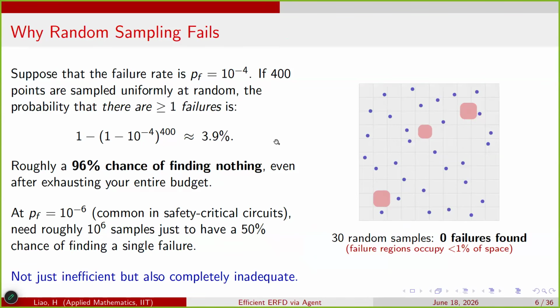So in this kind of scenario, why random sampling fails is probably pretty intuitive, right?